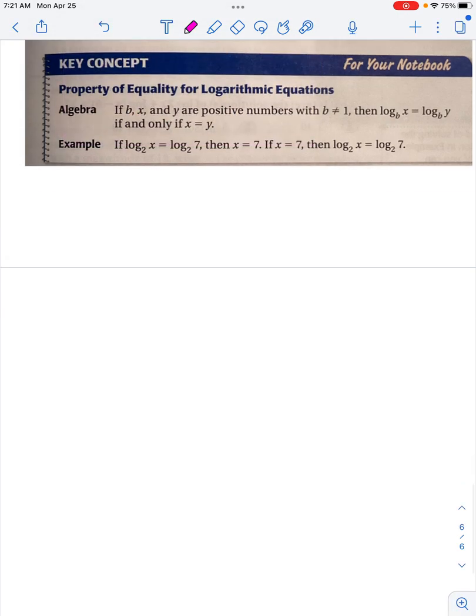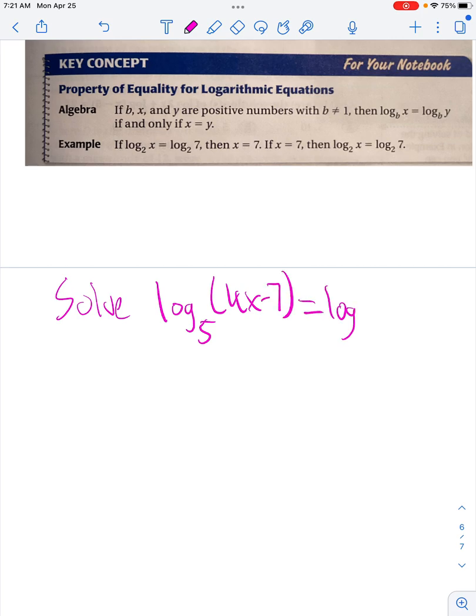Solve log base 5 of (4x minus 7) equals log base 5 of (x plus 5). Now the property of equality tells me that because I have the same base, log base 5, I can compare the other parts.